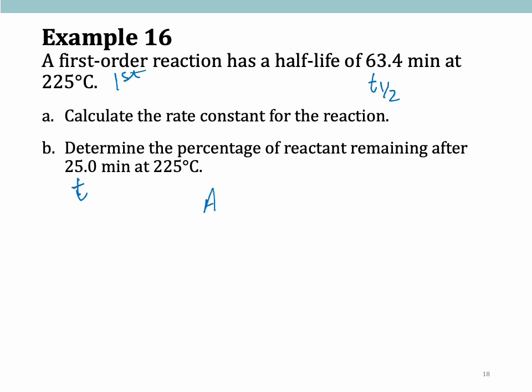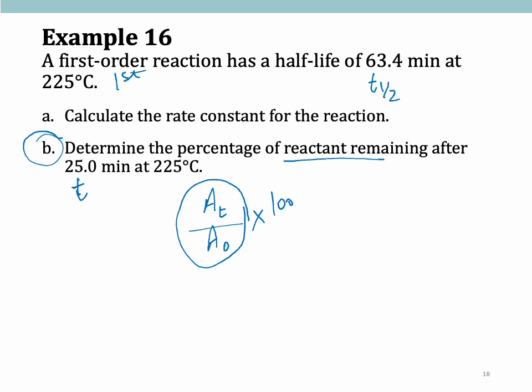Percentage means percentage remaining, so that would be how much is left, which is At divided by how much was initial, times 100. That is what percentage means, which means if I can get the ratio of At over A0, I can use that to find the percentage. I don't have to solve for At and A0 separately as long as I have a ratio from here.